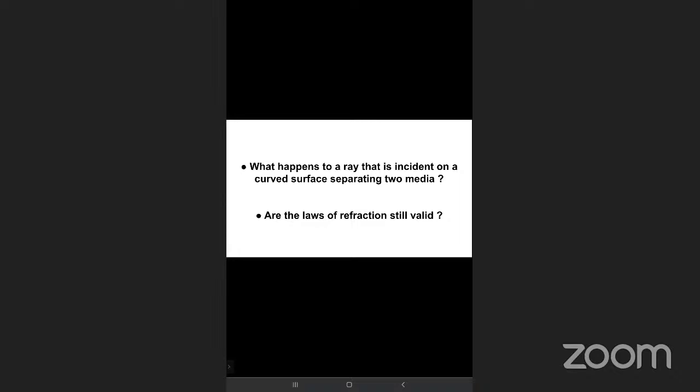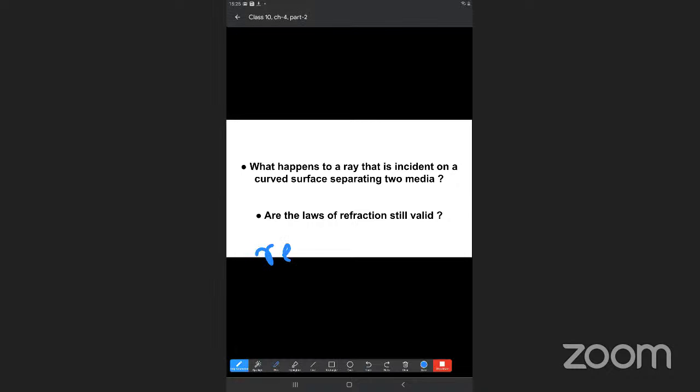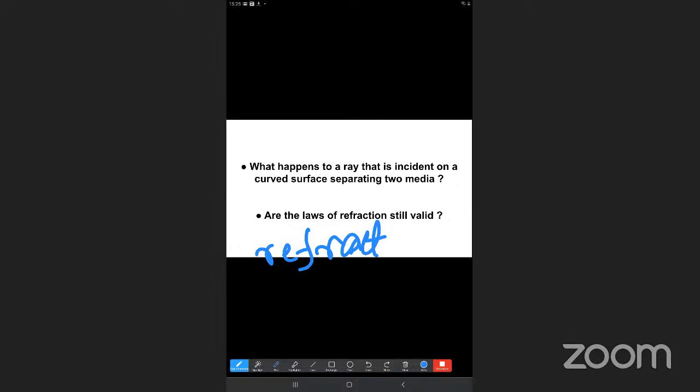When the light ray is incident on a curved surface which is separating two media, the light ray gets refracted. So yes, the laws of refraction are valid in the case of refraction at a curved surface.